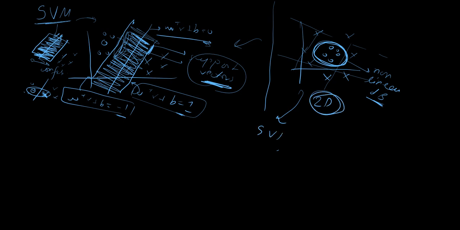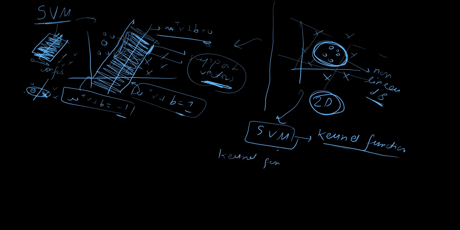Support vector machines have a special type of function known as kernel functions. These kernel functions are applied to the whole data set, and they project the data points into a much higher dimensional space.